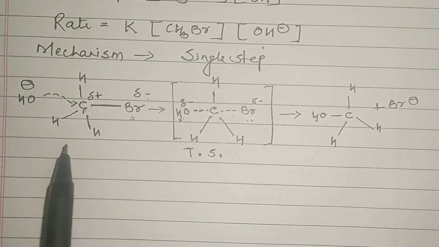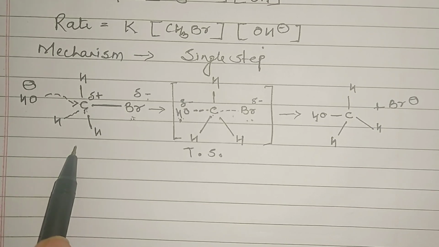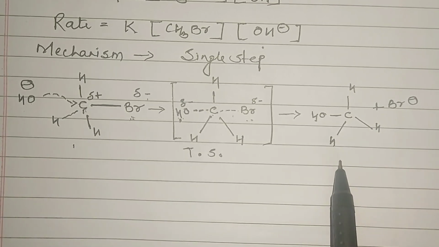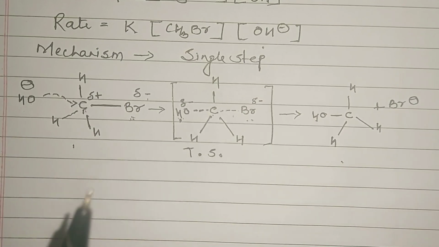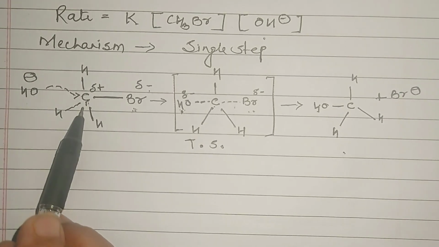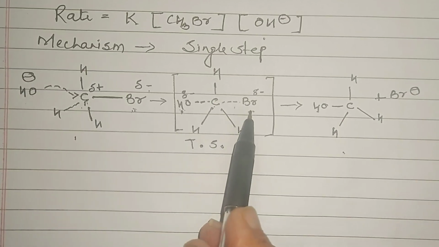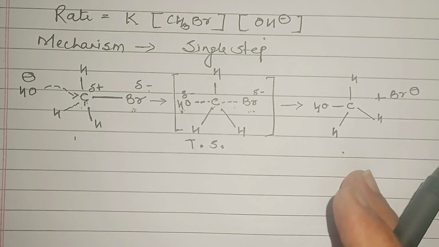In this way, alkyl halide, methyl bromide, is converted into alcohol, methanol. This is the single step mechanism of the SN2 reaction. The approach of nucleophile and departure of leaving group occur simultaneously, and we get a product.